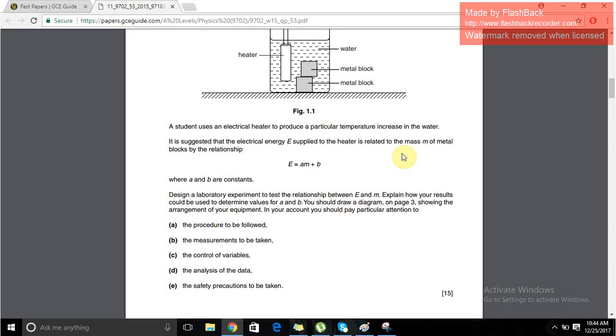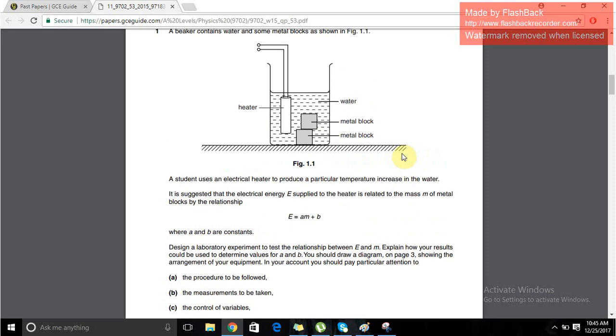And what sort of variables ought you keep constant? The amount of water. The volume of water definitely needs to be constant. Alright?